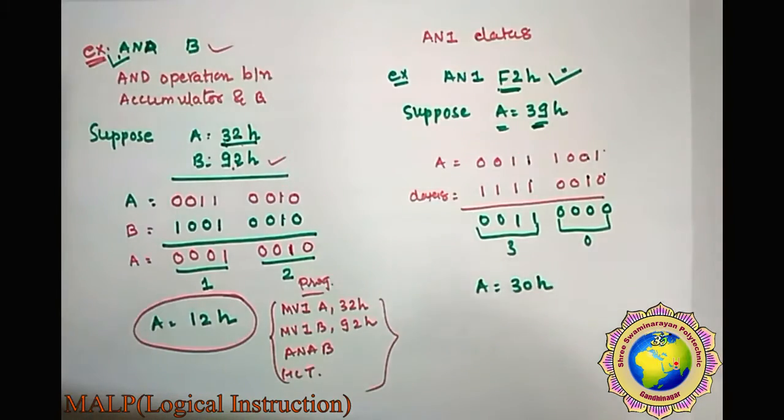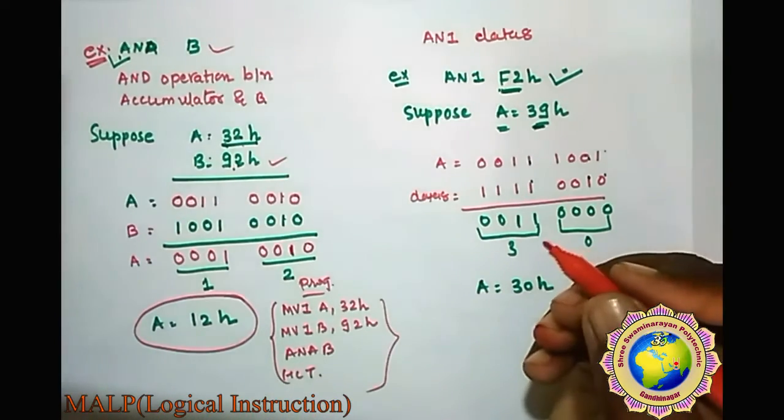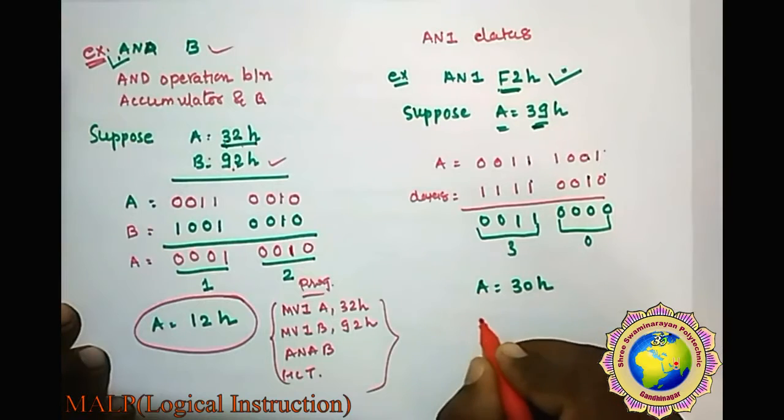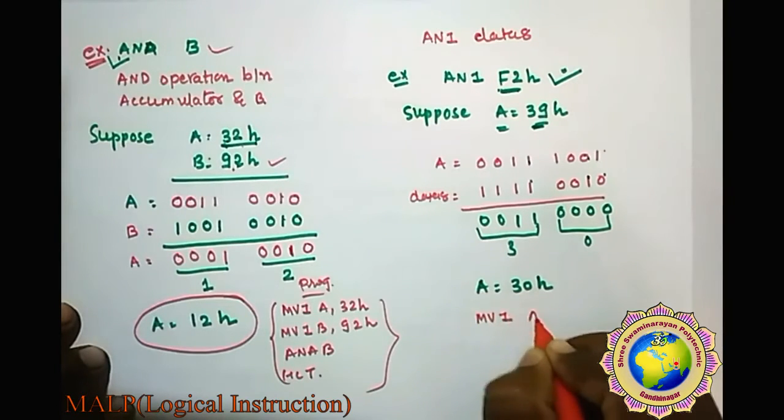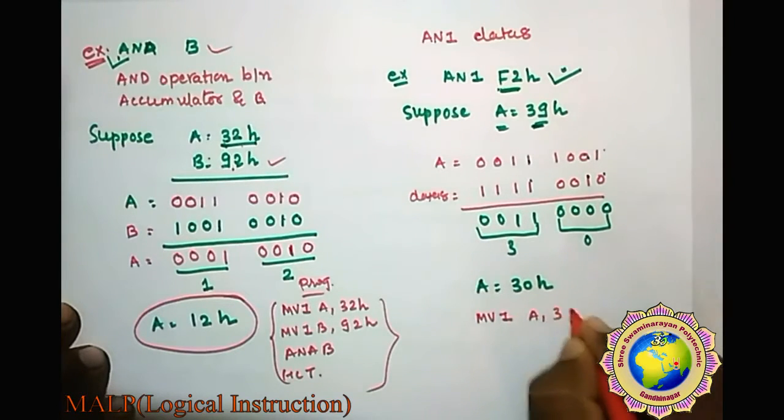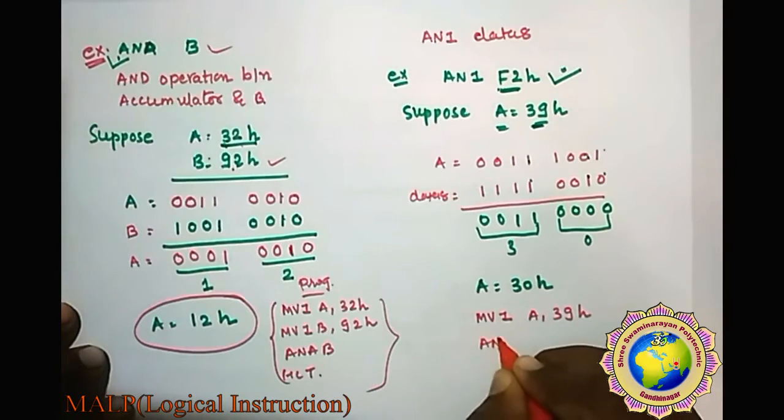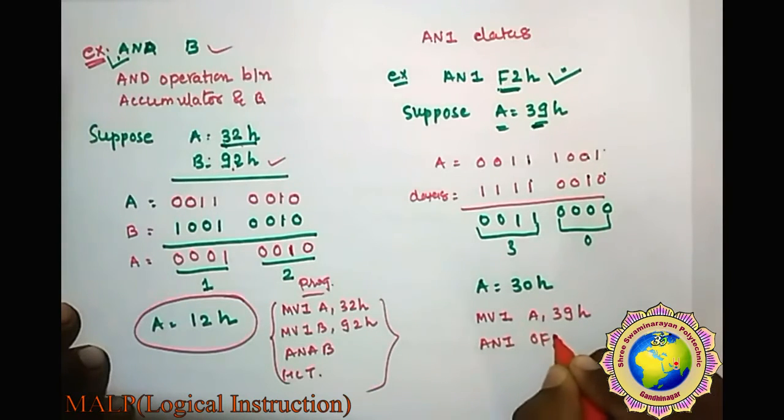It can be written in programming form. Suppose first load value of A, that is 39H, then ANI 0F2H.